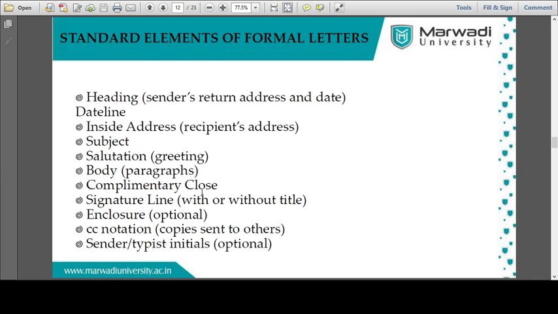Next one is the salutation. In the salutation, always try to address the letter to a person by name rather than by title. If a specific name is not available, you can write, for example, Dear Committee Member, or Dear Colleagues. If you don't know the person's name, you can directly address it To Whom It May Concern.